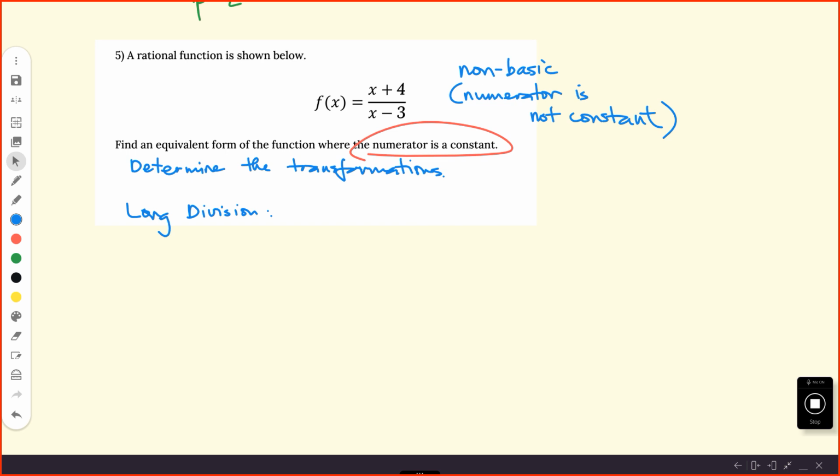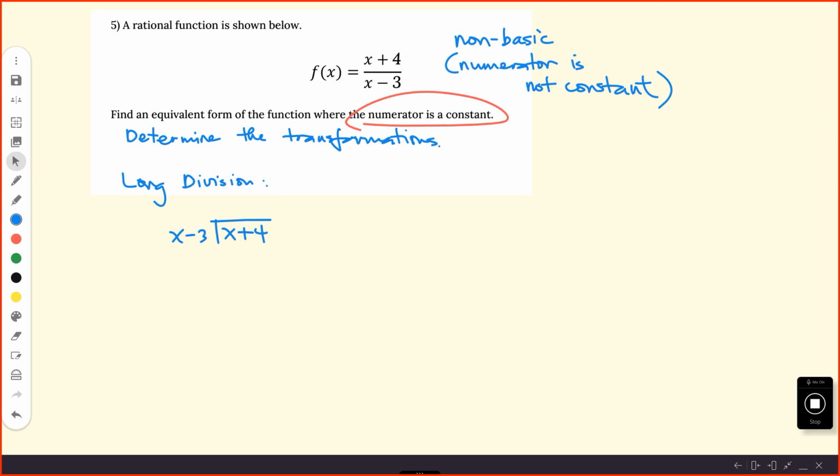Okay, so I'm going to do x plus 4 divided by x minus 3. Right? What is the quotient if we divide x plus 4 by x minus 3? That is just 1. Right? We divide the first term of the dividend by the first term of the divisor. So x divided by x is 1.